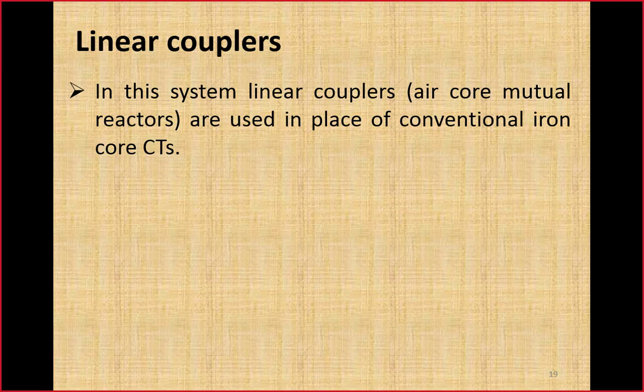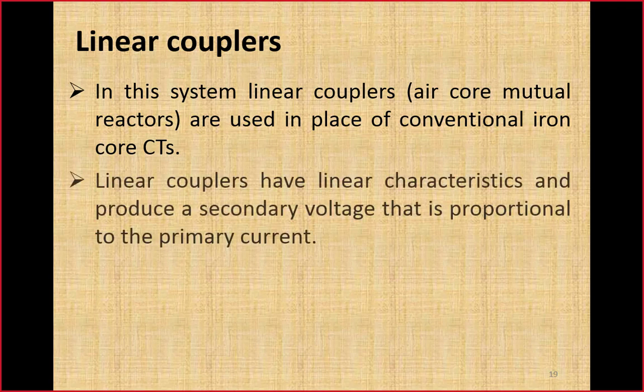So linear couplers are air core mutual reactors used in place of conventional iron core CTs. Linear couplers have linear characteristics and produce a secondary voltage that is proportional to the primary current. So these linear couplers are actually current to voltage transducers or converters.